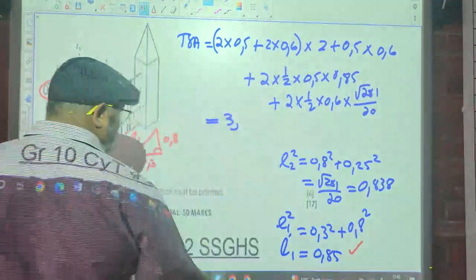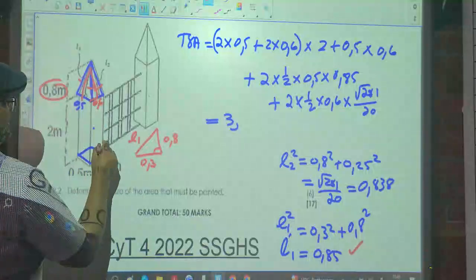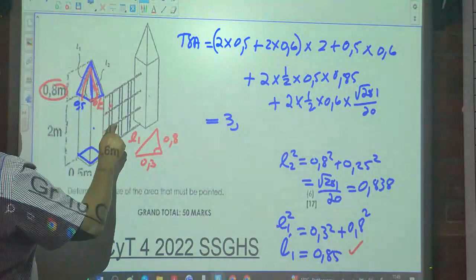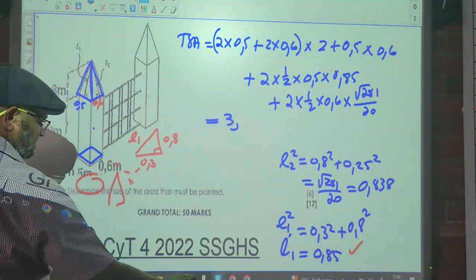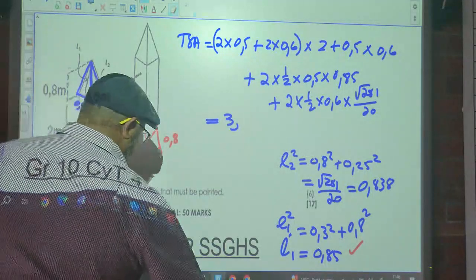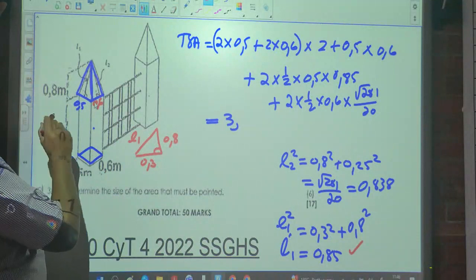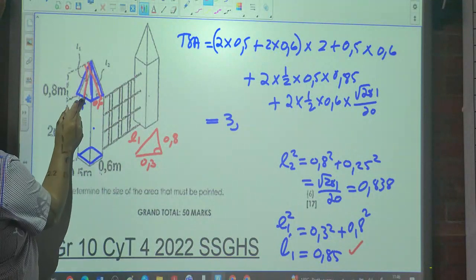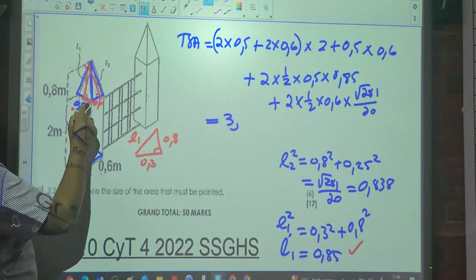Then the L2, of course, is going the other way. Let me just remove this here quickly. Here's your L2. Of course, that's 0.8. Now this distance here is 0.25, as you can see here.